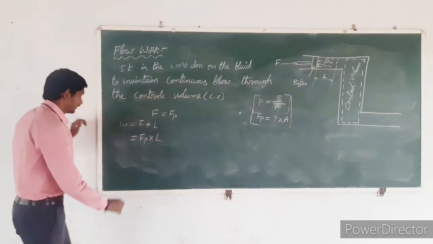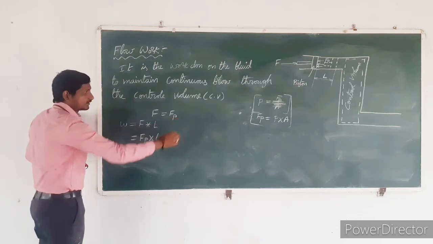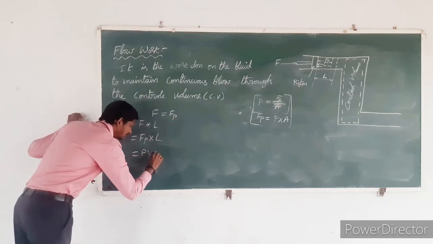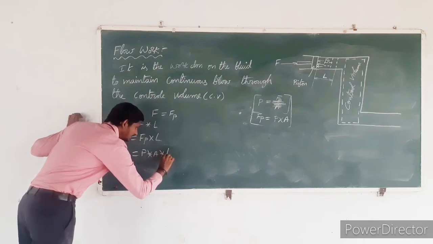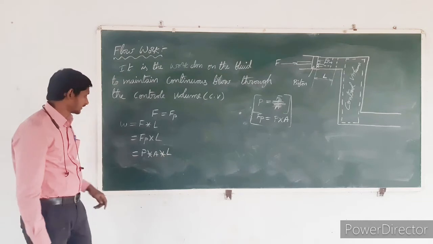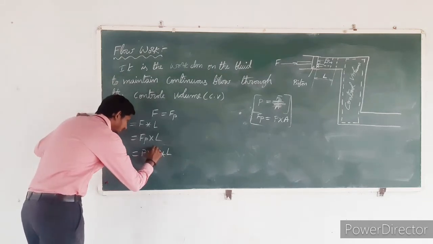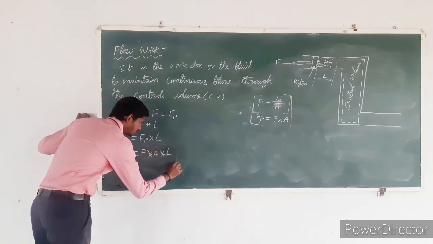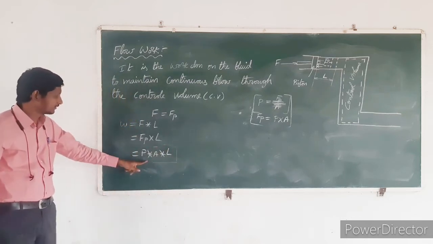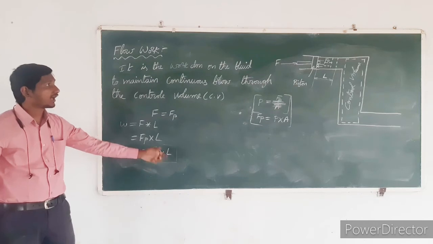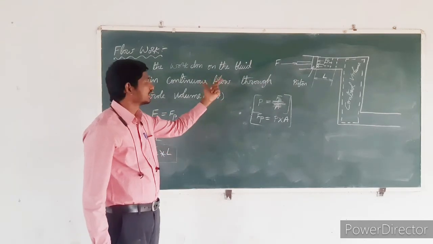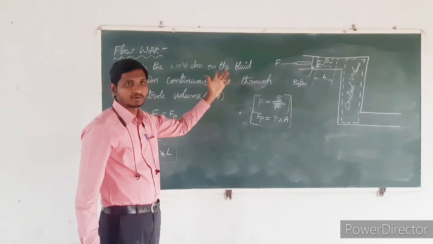So Fp is replaced with pressure into area. L is the length of displacement of the piston. Area into displacement gives us volume, the volume of the fluid that can be displaced under the action of force.